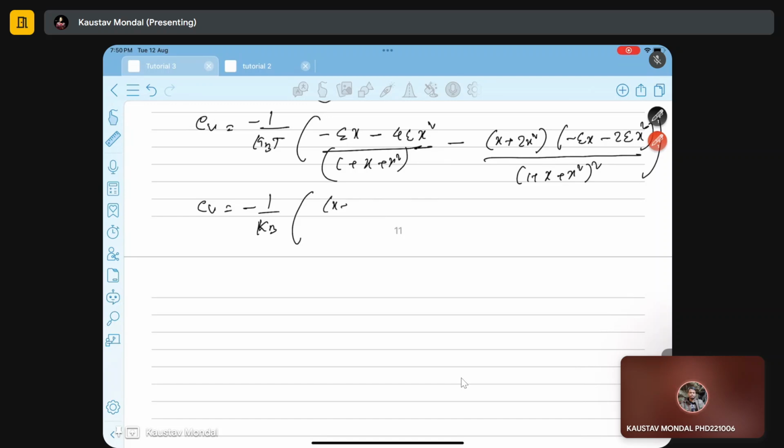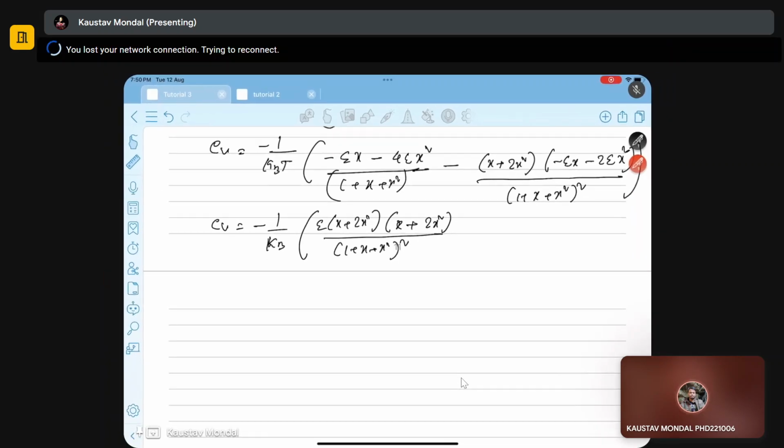This side, epsilon comes outside, minus will become plus, x plus 2x squared, so this plus 2x squared whole squared will become anyway 1 plus x squared whole squared. This term would become minus, will come outside, so epsilon x plus 4 epsilon x squared into 1 plus x squared. So this is it.